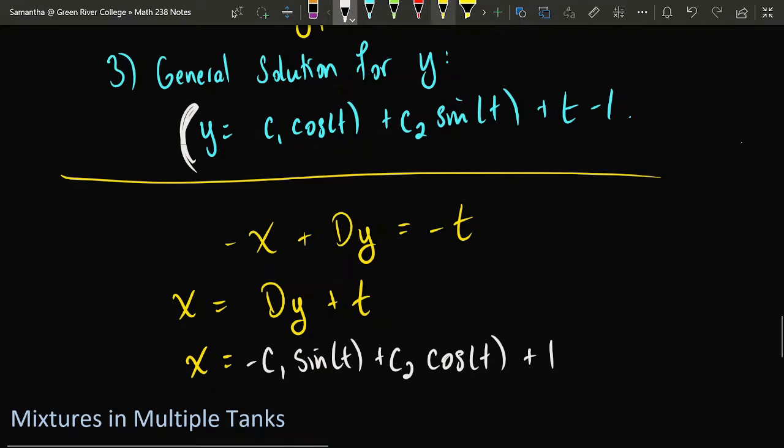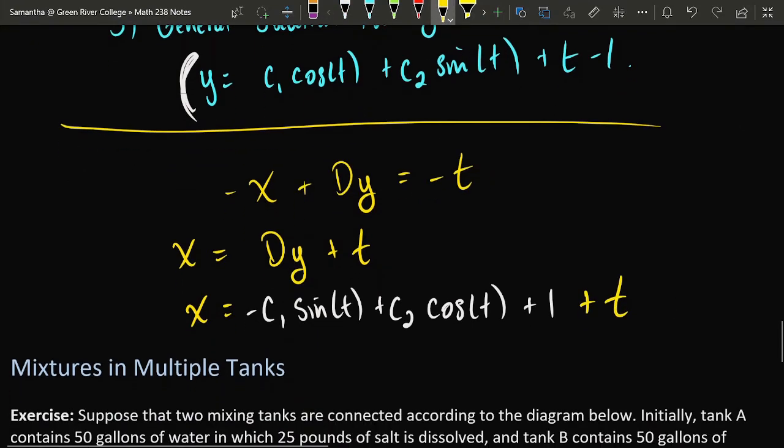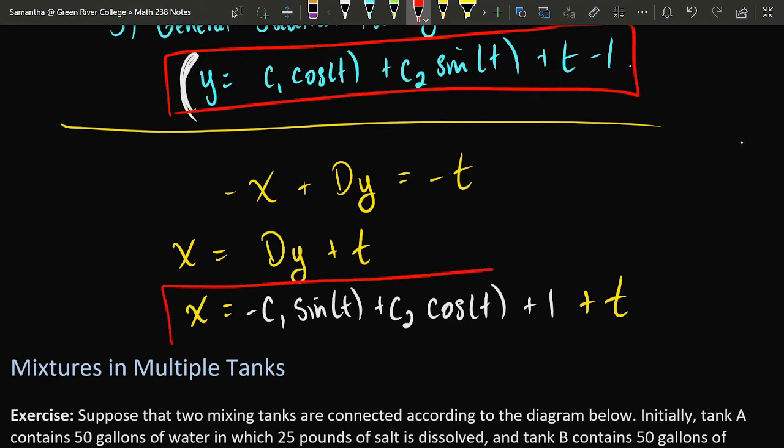And therefore, if I add t to that, then that will be the formula for my x in the system. So these two results together are the solution to the system of differential equations.